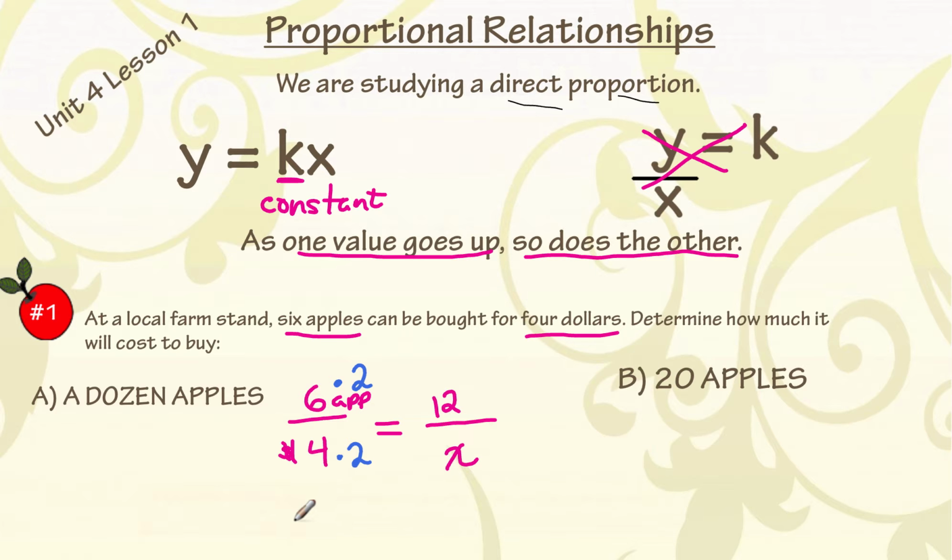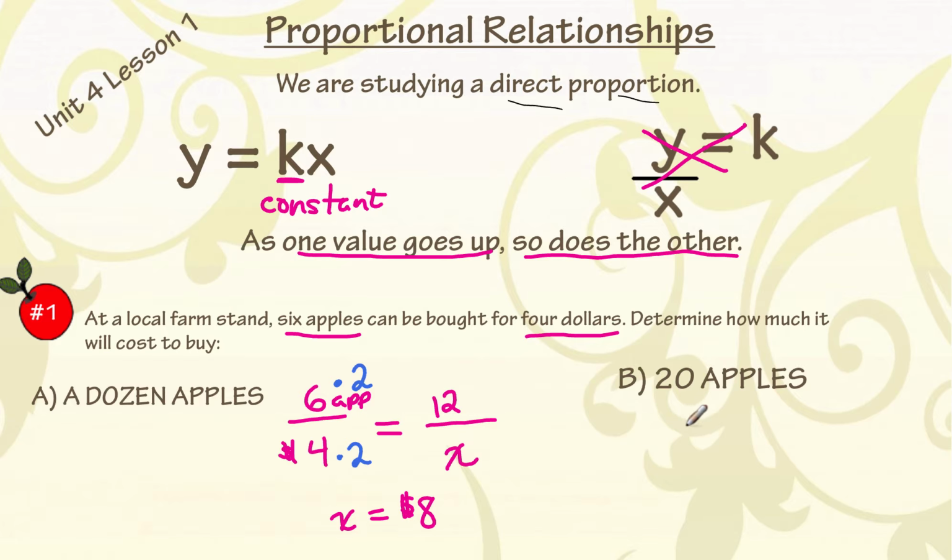So we figured that x was $8. It would cost me $8 to buy a dozen apples based on this price. So how about 20 apples?